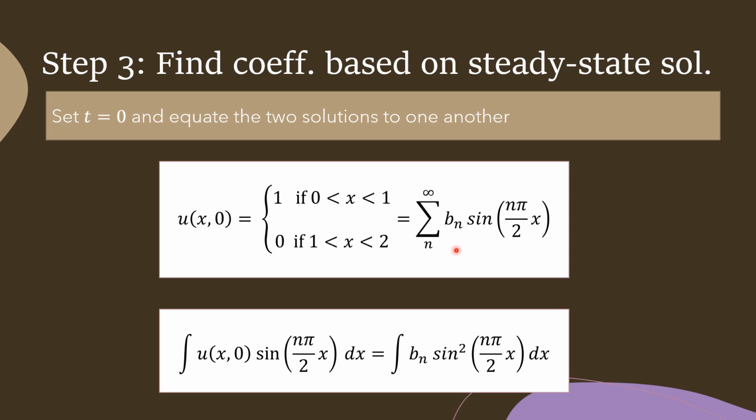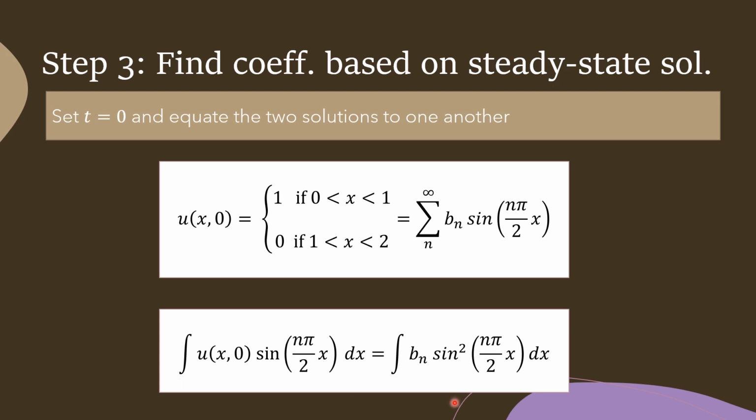Now I'm going to find what is Bn. In order to find Bn, I will multiply both sides by a sine function, sin(n pi x over 2). You see that this sum is going to go from n equals 1 to infinity, and there will be a time where n is equal to m. So when n is equal to m, you want to integrate both sides.